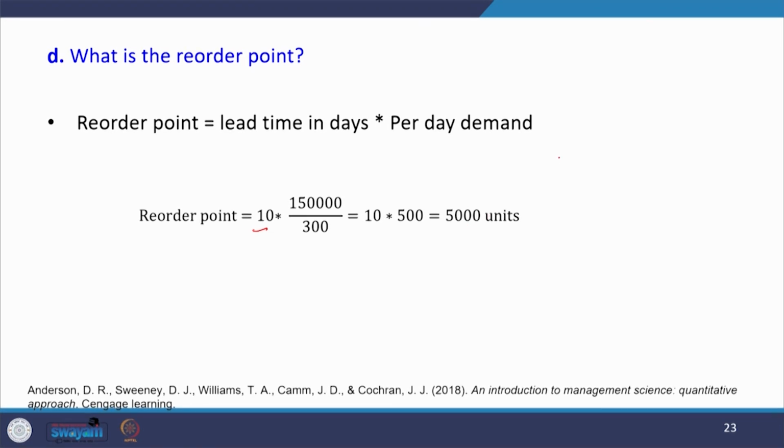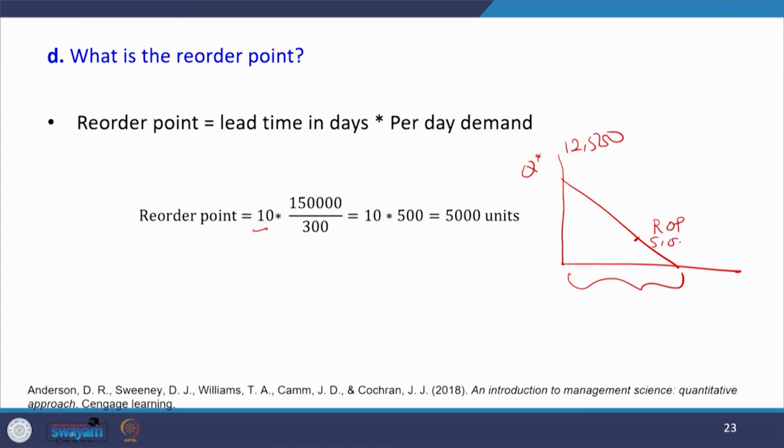So, what have we found? We found the Q star, the cycle time, and the reorder point. Our Q star is 12,500. When the inventory reaches 5,000, you have to place another order.